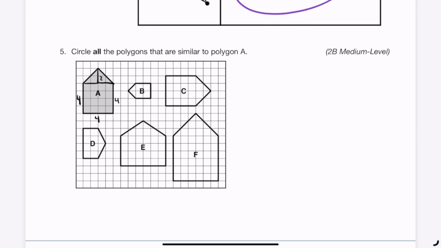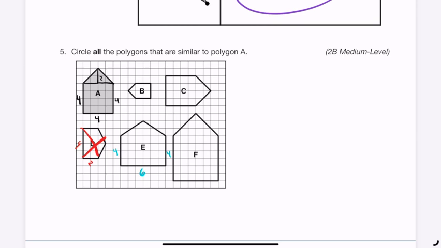First of all, we can just eliminate D. We should be able to do that visually. D is too wide and short, so the proportions aren't right. That is 4, that's 2. So it should be that the height and the base are the same. We can do the same thing here. This is 4, but then this is 6.